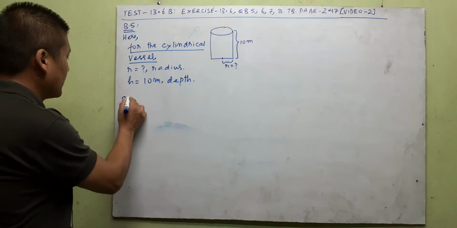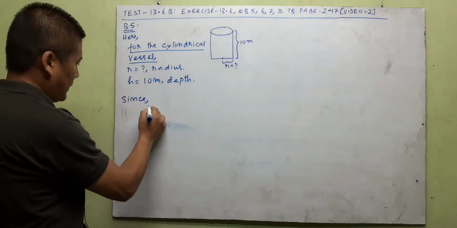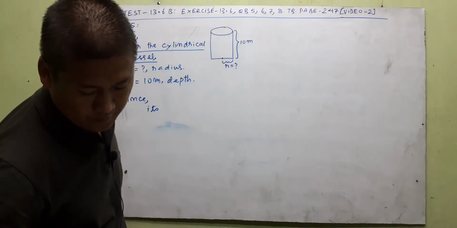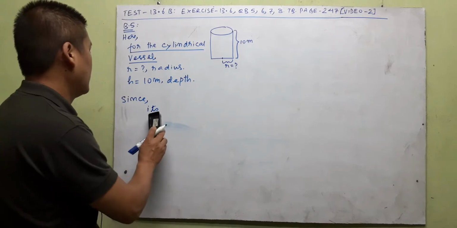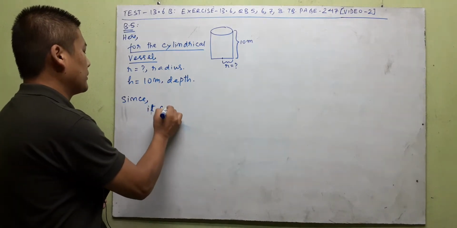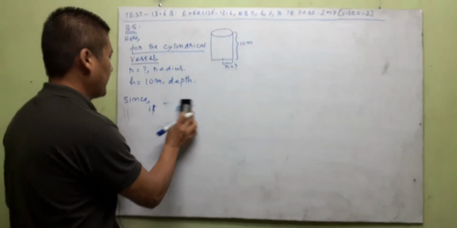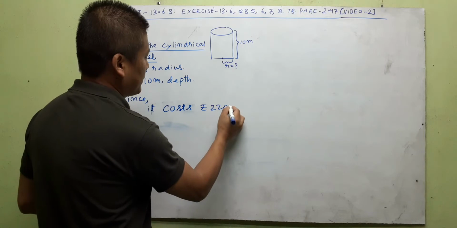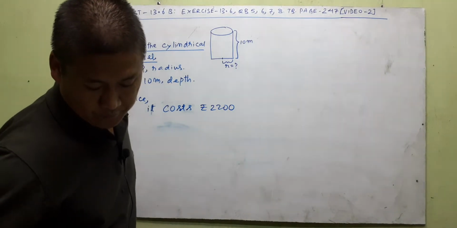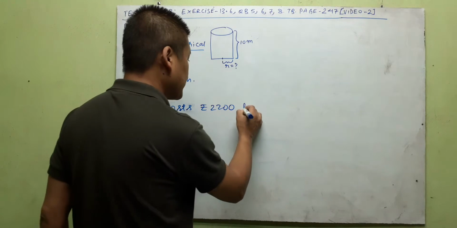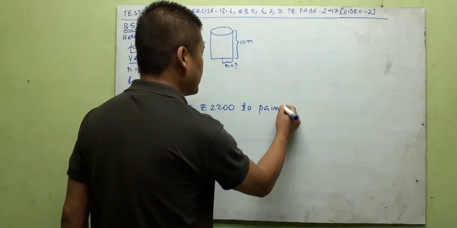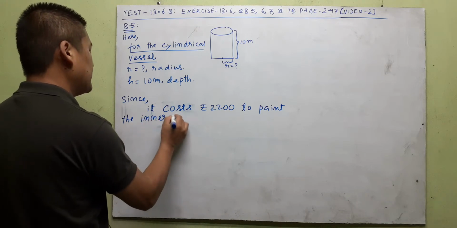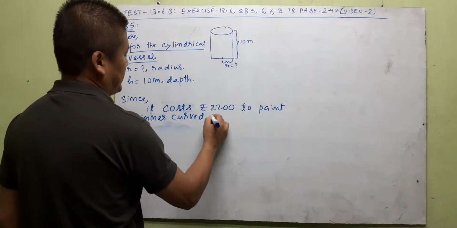Now the first part of the question says it costs rupees 2,200 to paint the inner curved surface, the inside or the inner curved surface, right?